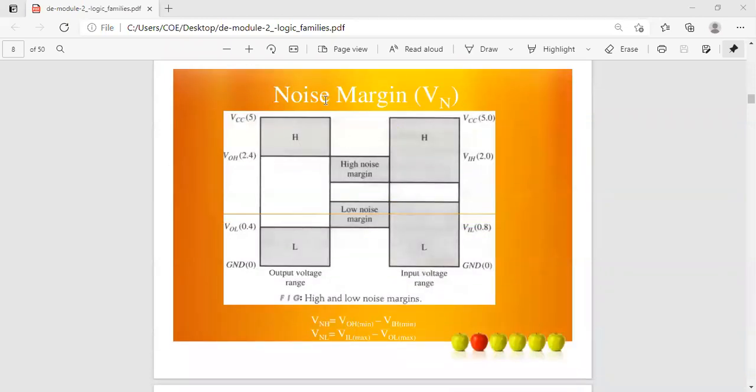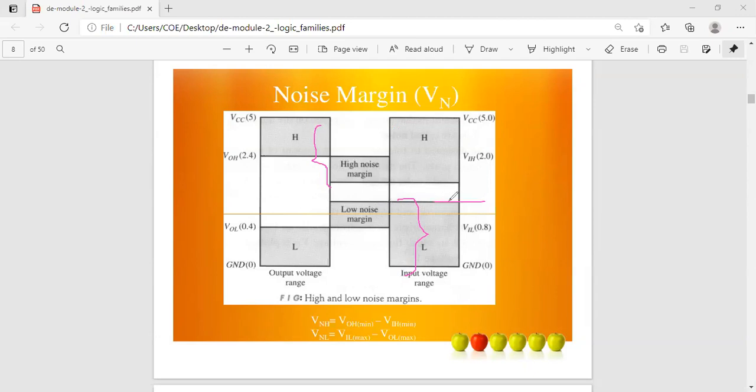So coming to the noise margin, that means deviations or variations of signals producing noise. Like this, I am mentioning the level here, either this much level or this much level. In the majority of cases the average is above and below the ranges.